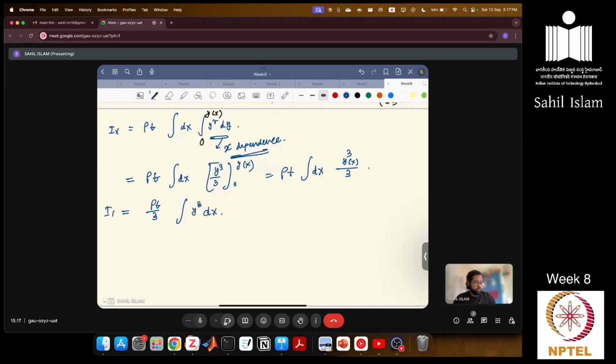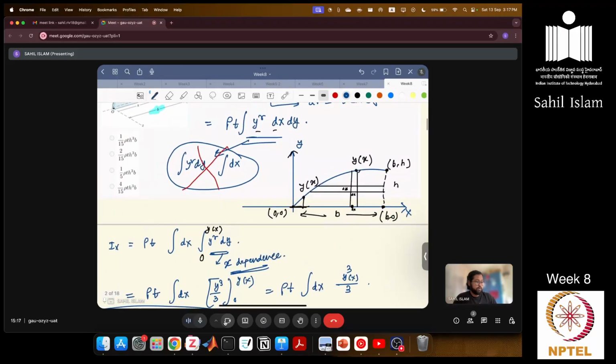This is what we got. Now we ask, how does y depend on x? What is y as a function of x? That we will be calculating from this parabola.